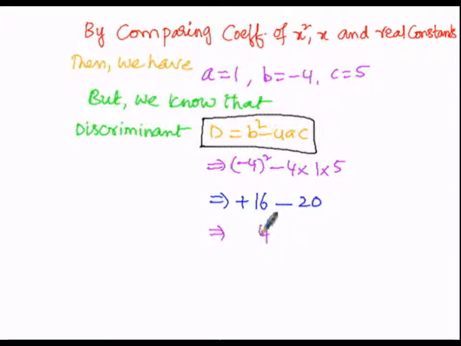To assess the sign of 4, here 20 is greater and its sign is negative, therefore it takes the sign of minus.